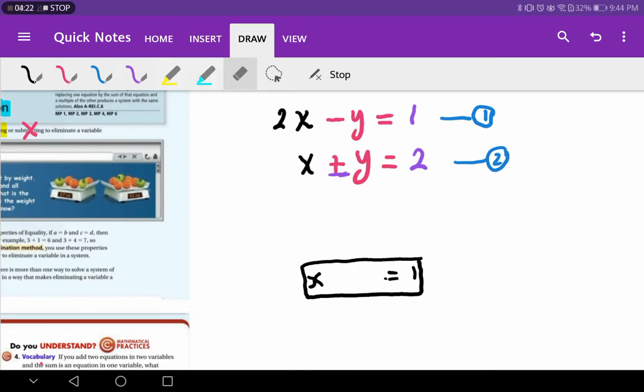I said I'm done with x because x equals 1. I find it. So move to equation number 1 or 2 to find the value of y. You have to choose one equation, maybe number 2 or 1, to plug in x equals 1. I will choose number 2.